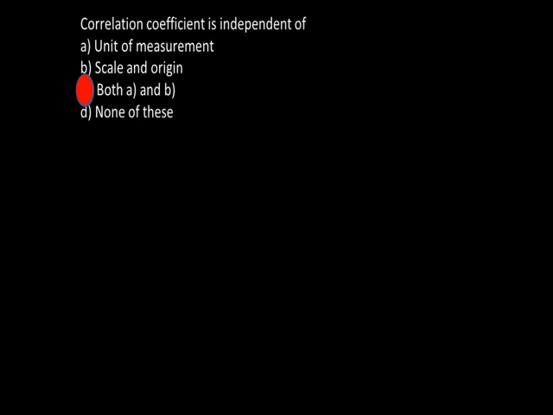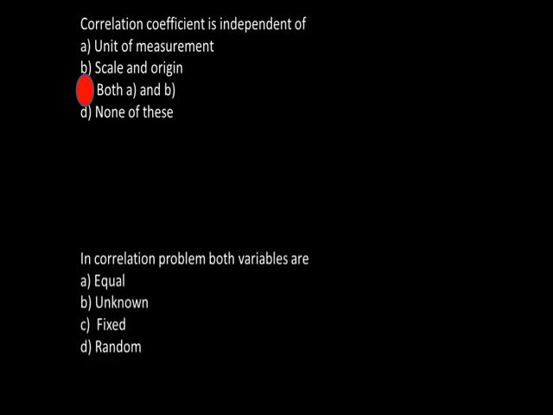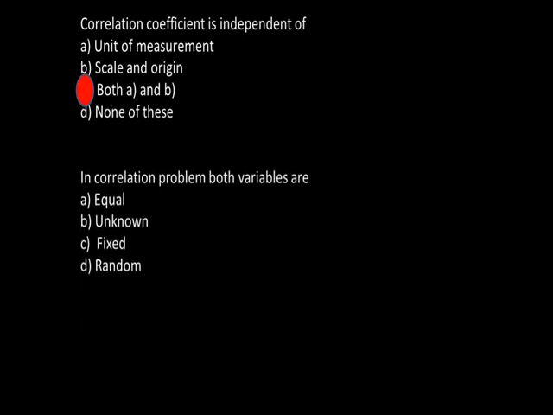So the correct answer is that it is independent of scale, origin, as well as the unit of measurement. People generally get confused regarding the correlation coefficient and the regression coefficient. So just remember any one of them, and ultimately you will get the answer for the other.